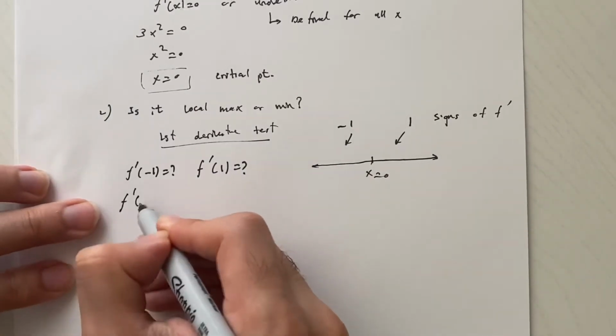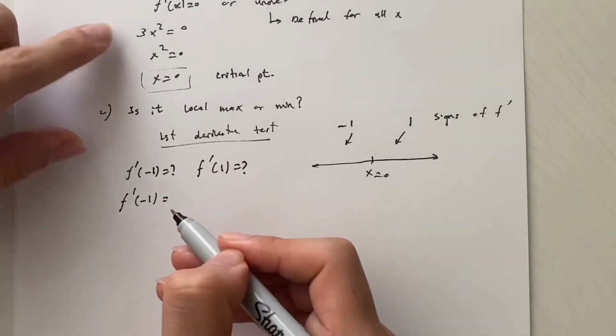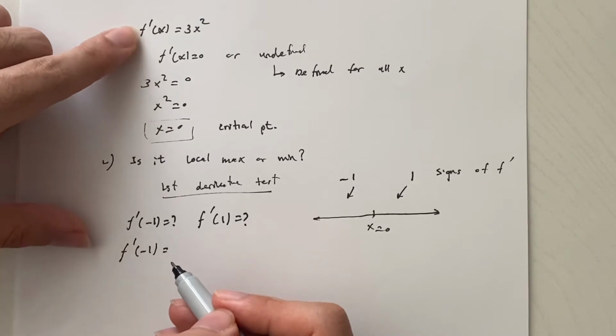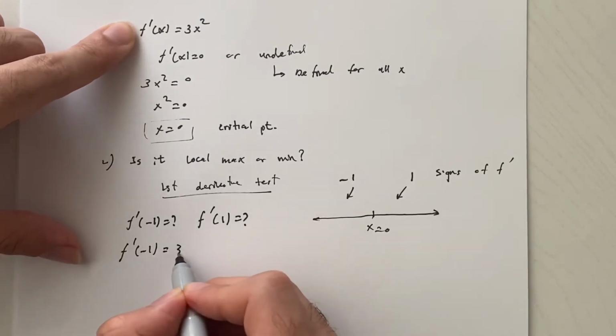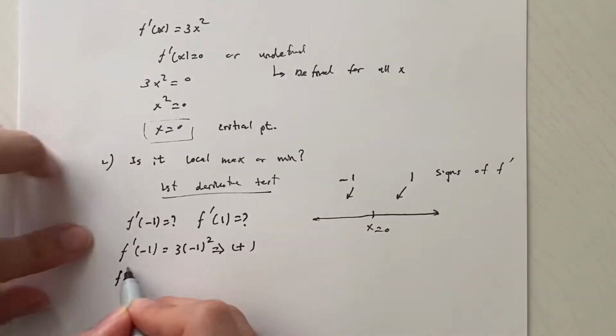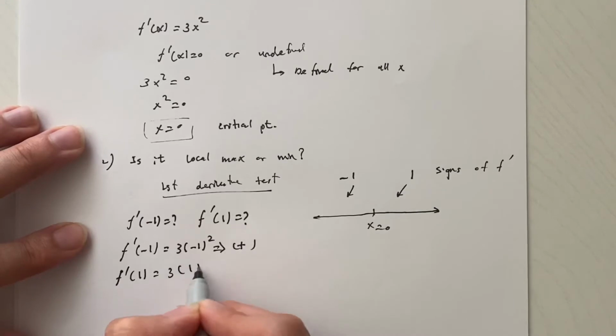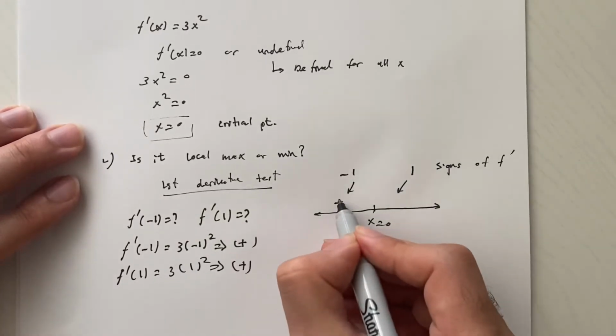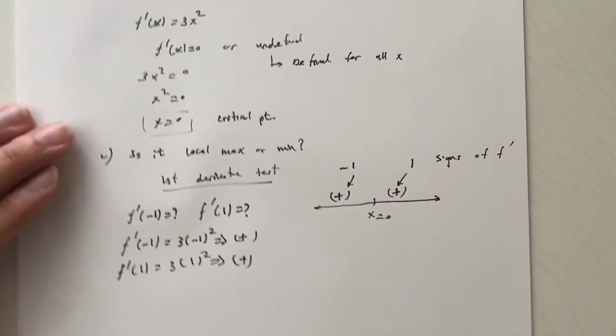I want to evaluate these two values in our first derivative. So let's start with -1. It's going to be 3 times -1 squared, and it's going to be positive. And for x equal to 1, it's going to be the same since all values are squared here. So it's going to be positive as well.